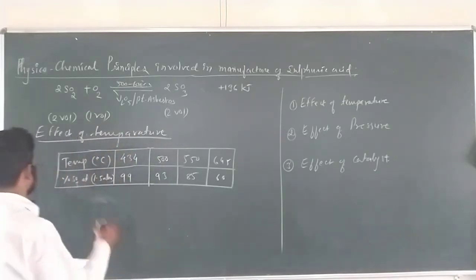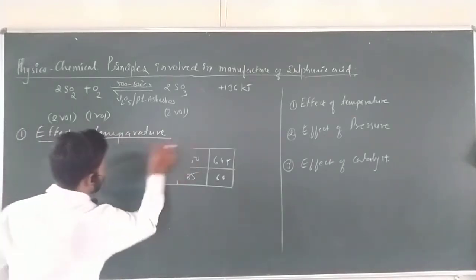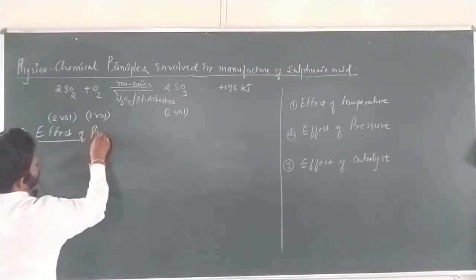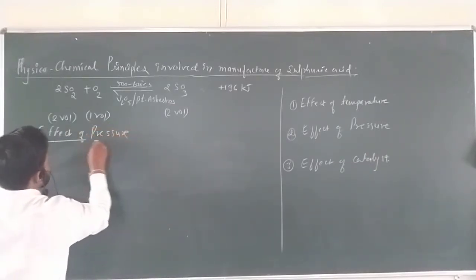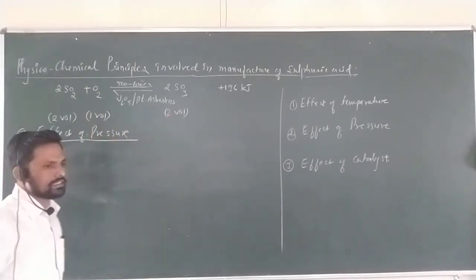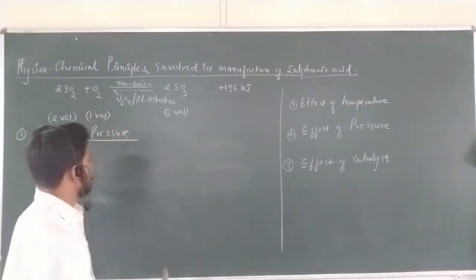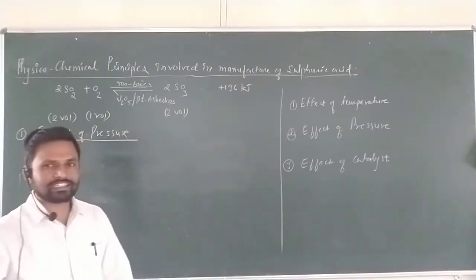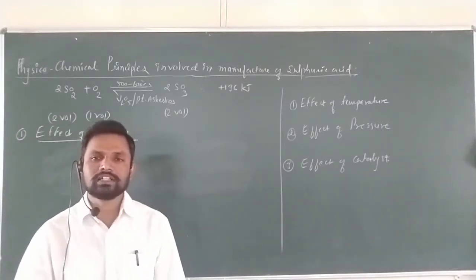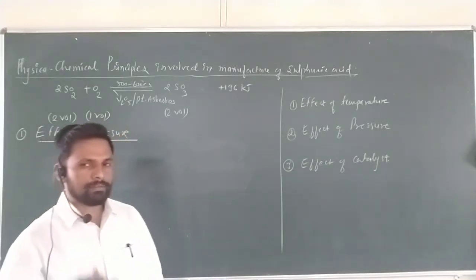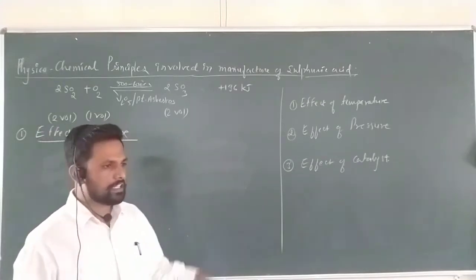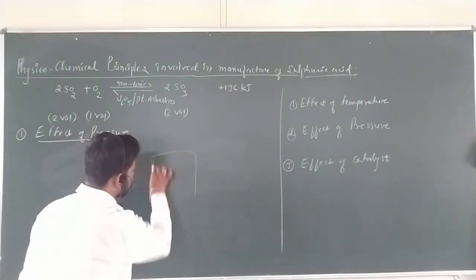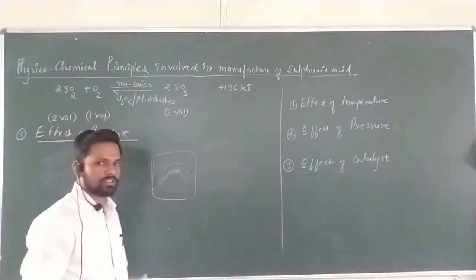Let me see the second one, effect of pressure. As we know, this reaction is a reversible reaction in the gaseous form, in which, according to Le Chatelier's principle, when the pressure increases, the volume of the gaseous reactants decreases.